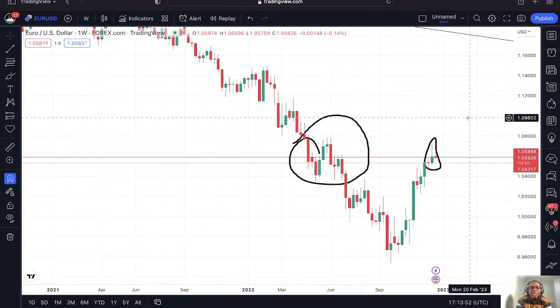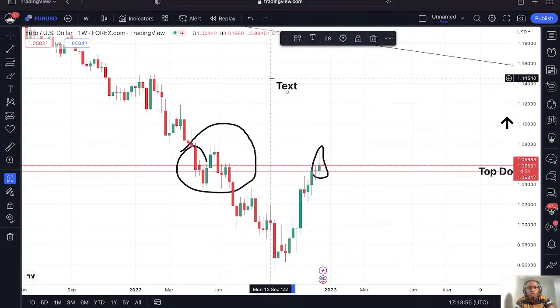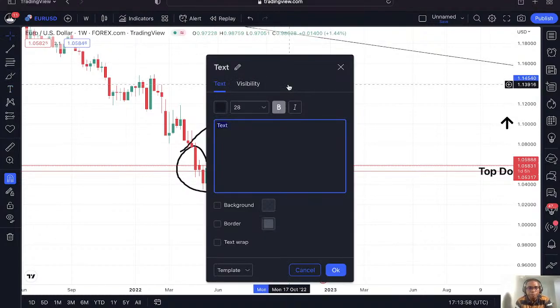Why do you think we should short here? There are two reasons I think we should short here, and I will write them. One, last week's candle is a bearish pin bar.